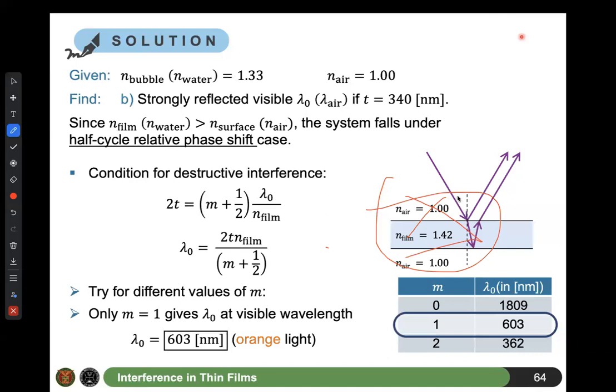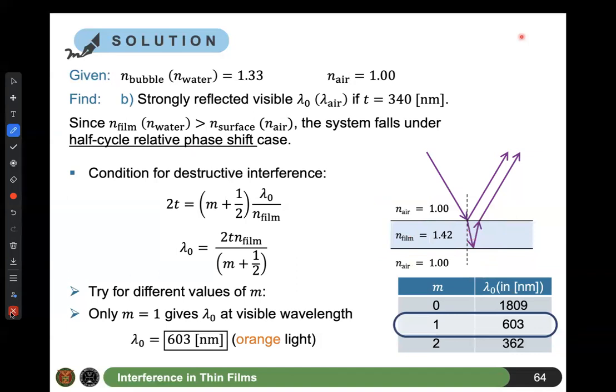If nag-increase, then bumaba, or nag-decrease, then umakyat, then half cycle relative, baliktad. So, ito yung constructive. Mali ito. Daming mali sa slide na to. Constructive yan. Kapag full cycle, no relative phase shift, yung nag-i-increase lang lahat or nagdi-decrease lang lahat, baliktad naman. Ito naman yung condition for destructive.